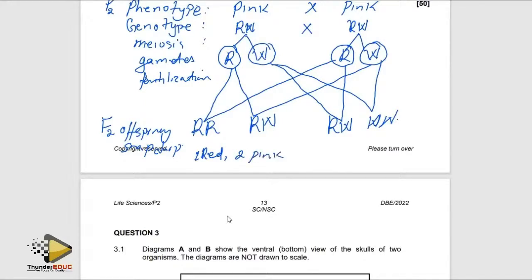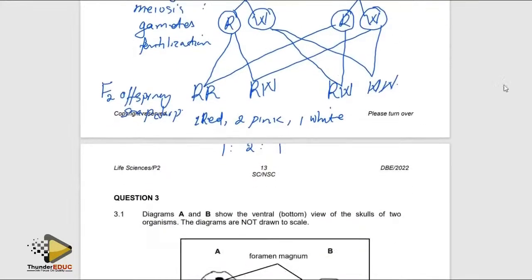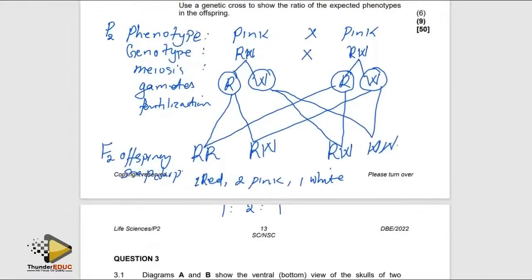And then now I have capital W. It's white. I have 1 white. So basically I have 1, 2, 1. So that is it.